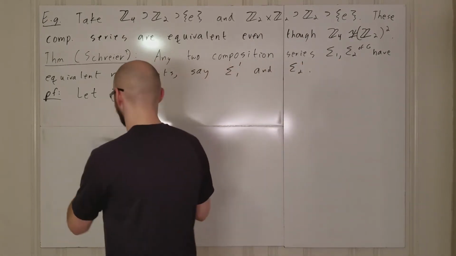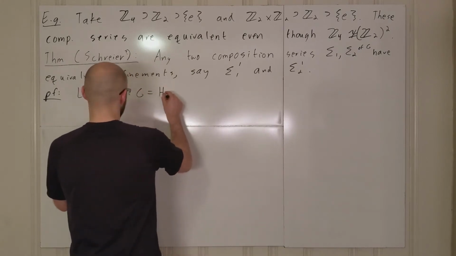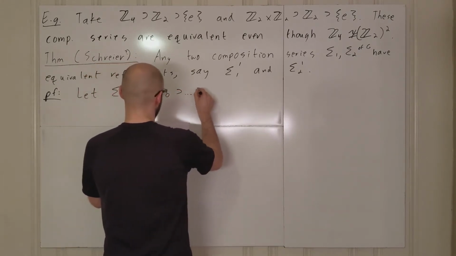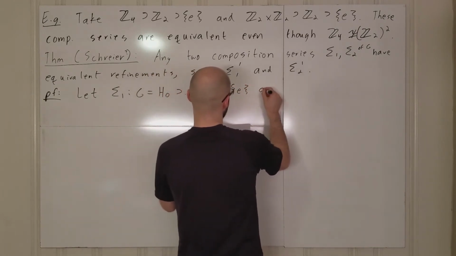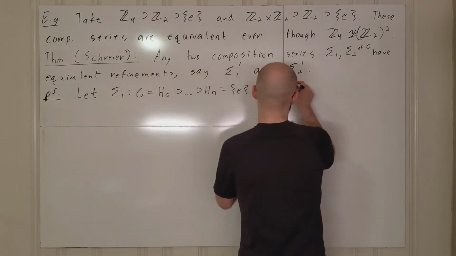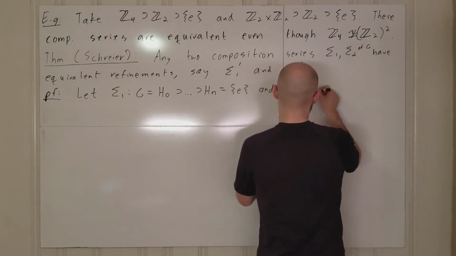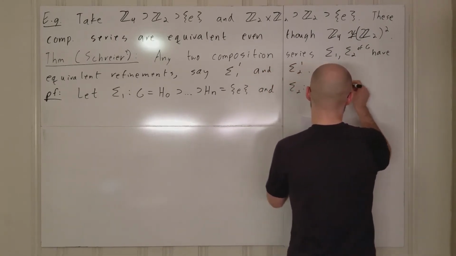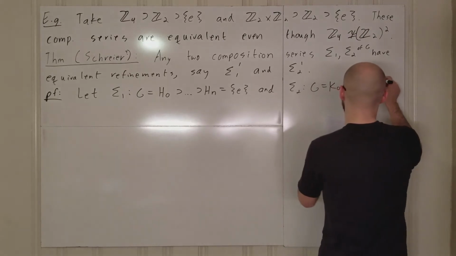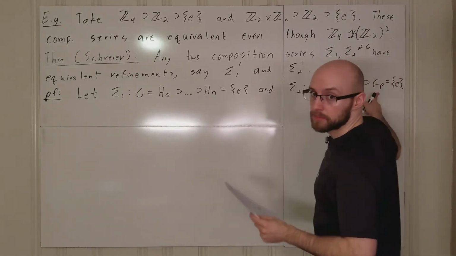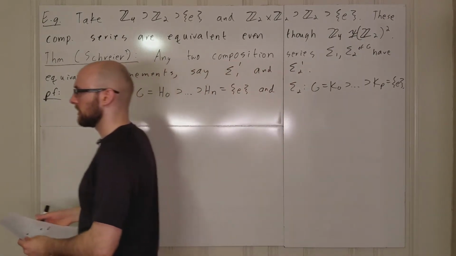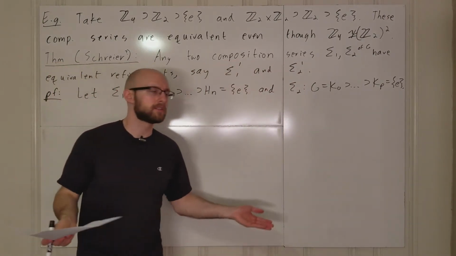So anyways, now we're going to have this be H0 through Hn, which is the identity, and then sigma 2, which is G, we're going to call K0 through Kp equals E. And this p here is just an example of us struggling to find good letters to use.